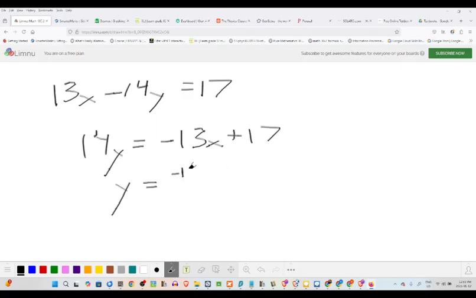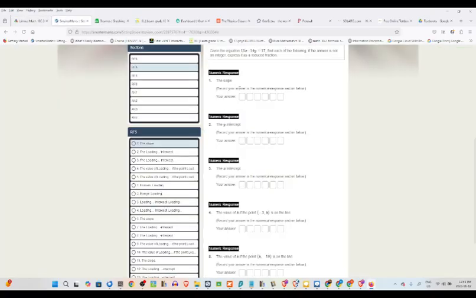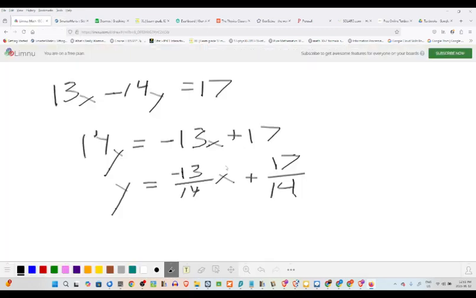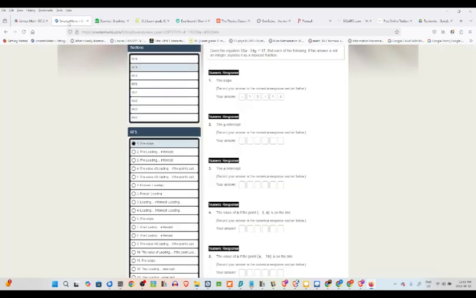Y is a negative 13 over 14 x plus 17 over 14. So here's our slope, negative 13 over 14. The y-intercept, we can get right off here. We see that it's 17 over 14.